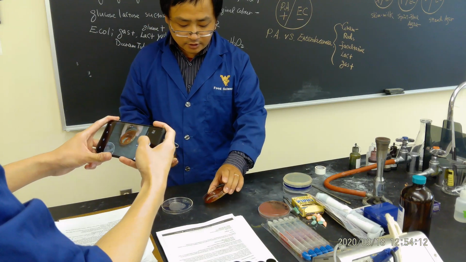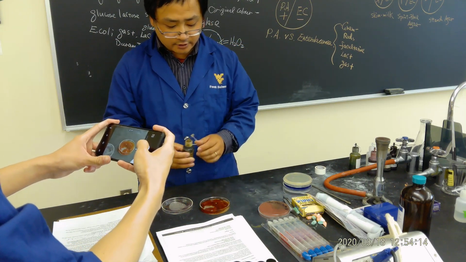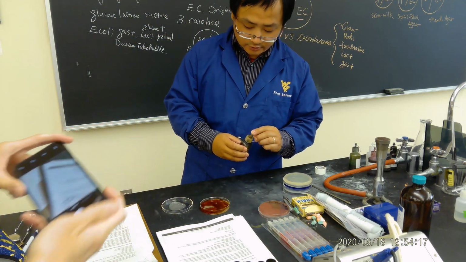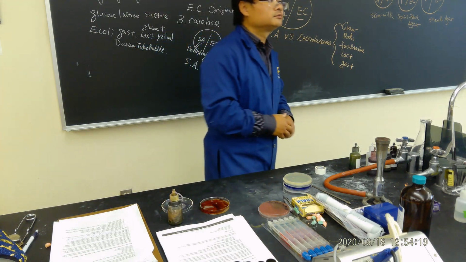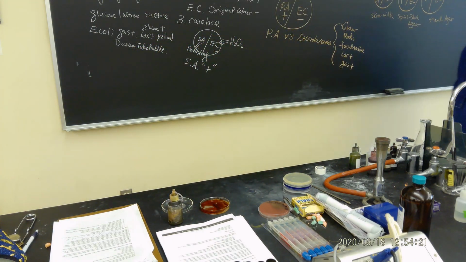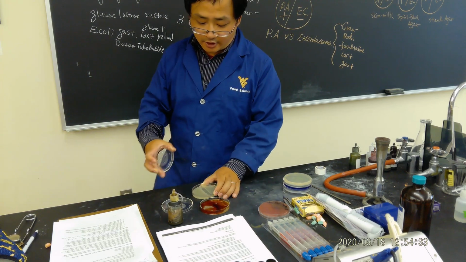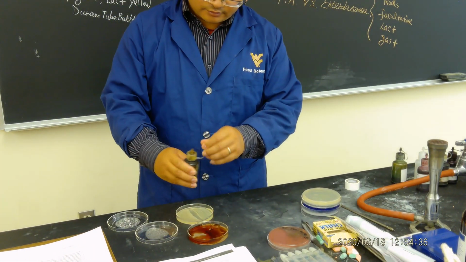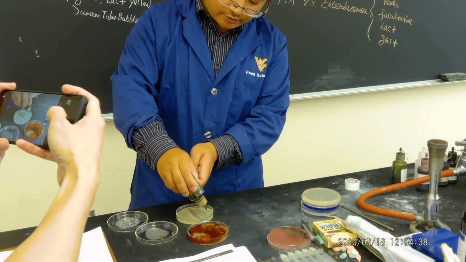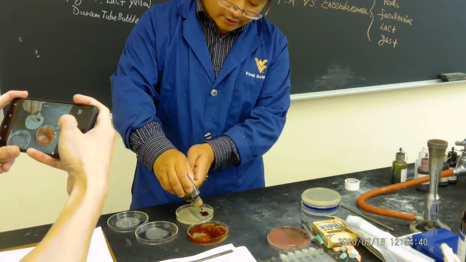Now, who has another one? Who can lend me another one? Can I have your starch plates? I hope it's good. Okay, I'll do the second one, Lee. So we're going to be doing this. We pour the iodine here.